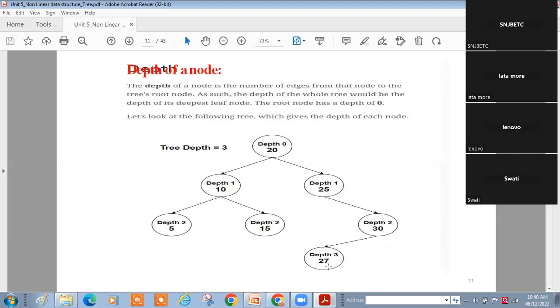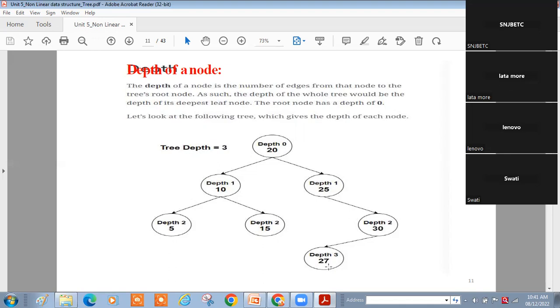As such, the depth of the whole tree would be the depth of its deepest leaf node. So again here also I have to find out the longest. Longest means deepest leaf node. So the root node has depth 0.